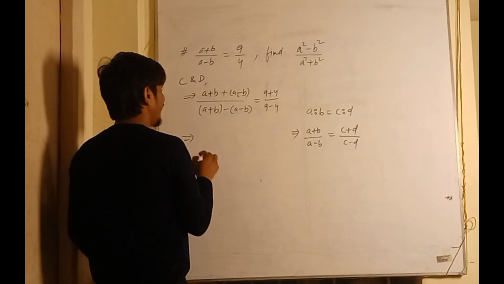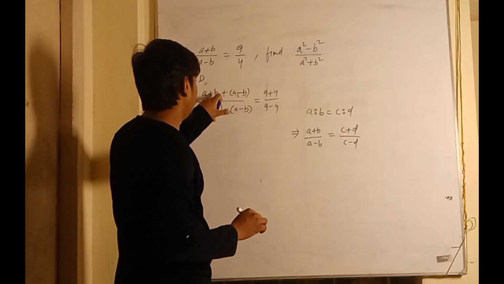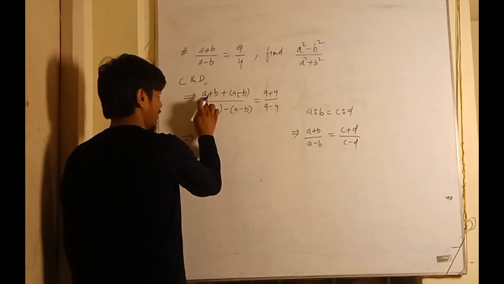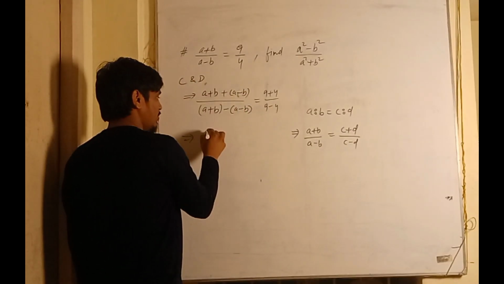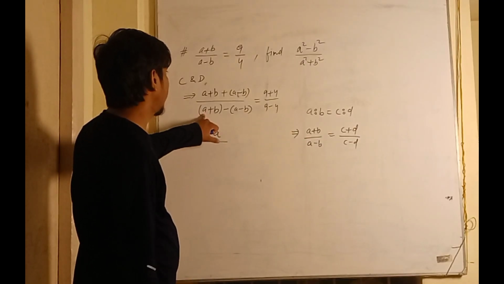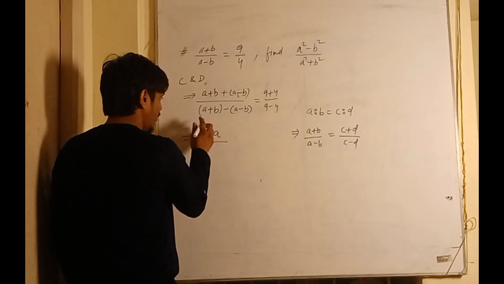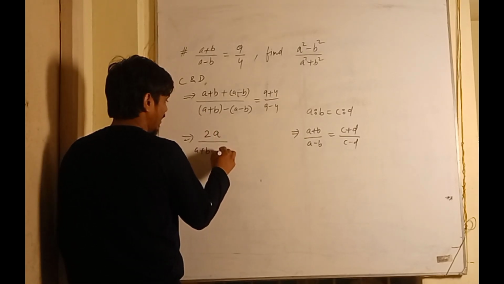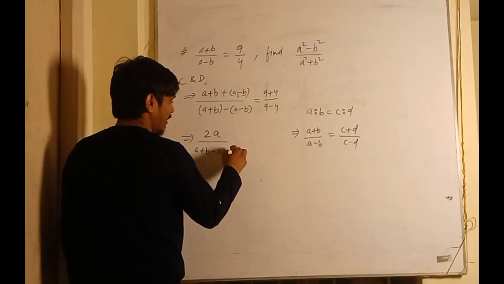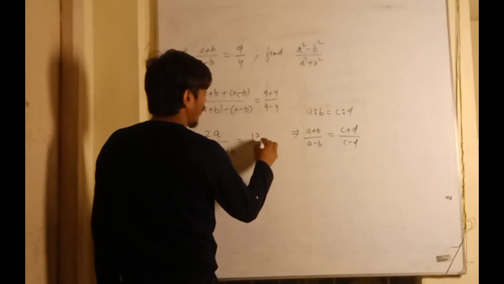Once we simplify this, the minus b and plus b cancel. So we get a plus a is 2a, and in the denominator a plus b minus a plus b is 2b, equal to 9 plus 4 is 13 over 9 minus 4 is 5.